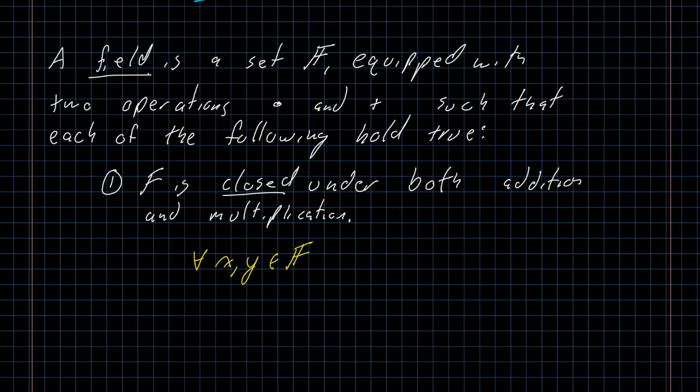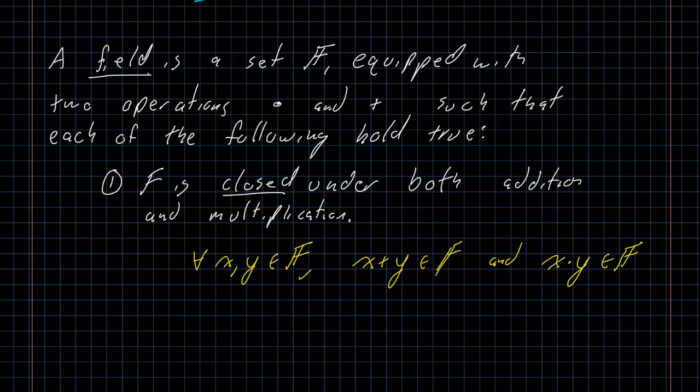For any two elements, x and y, in that field, the sum, x plus y, is in the field, and the product, x times y, is also in that field. All right, so that's what closure means.